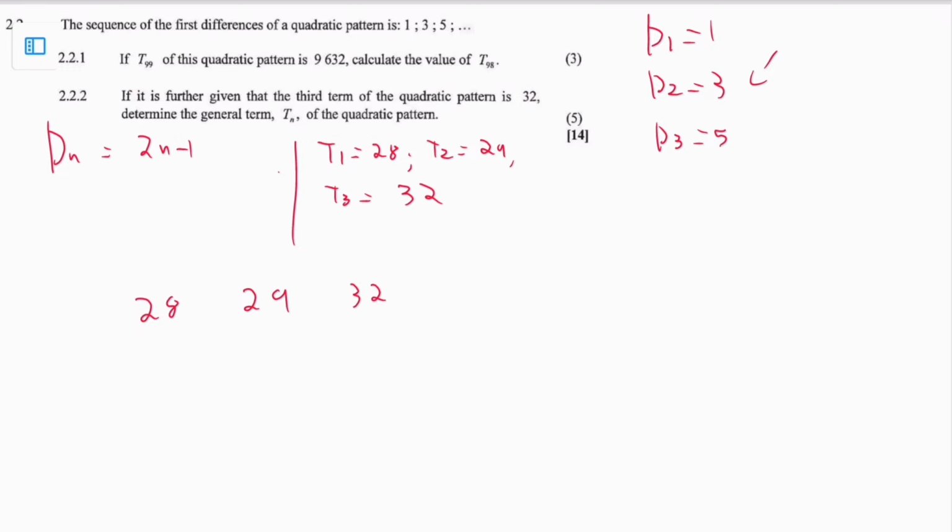And so obviously we know that from 28 to 29 we add 1, from 29 to 32 we add 3, and from 32 the next one we add 5. That gives us 37. So in this row we have the actual quadratic sequence.